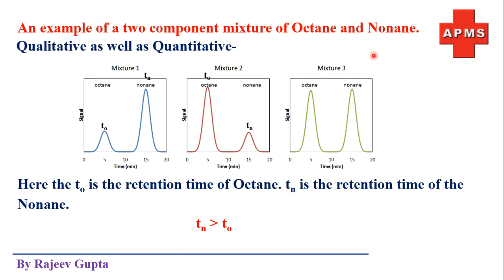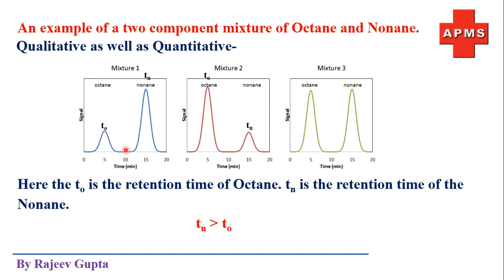So both are non-polar compounds and both are very similar in nature. So how can we separate these compounds using gas chromatography, and using this separating technique and detecting technique, we can do qualitative as well as quantitative analysis for this mixture.